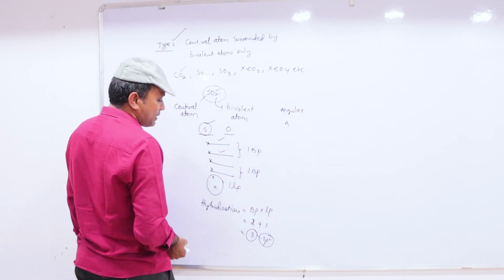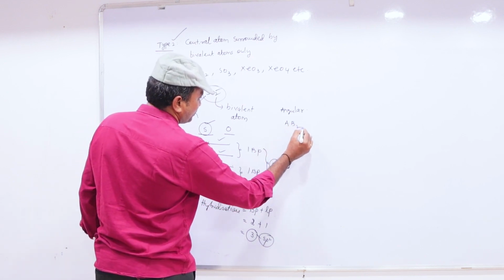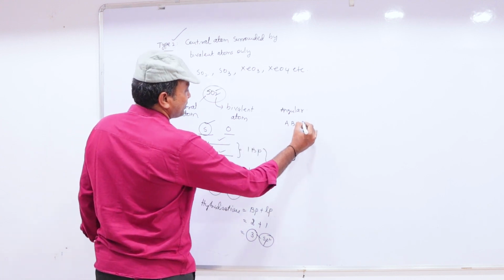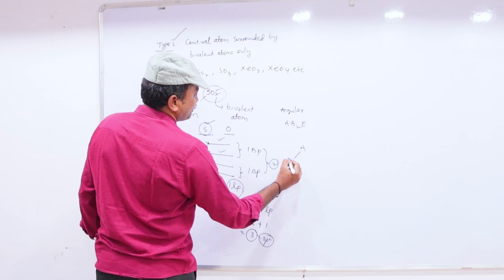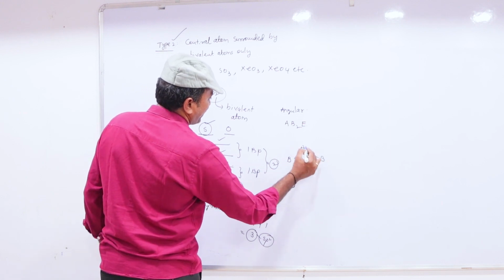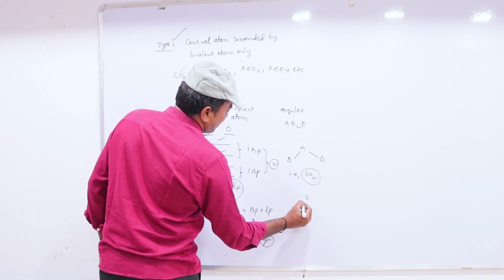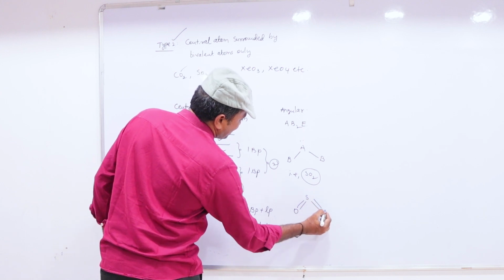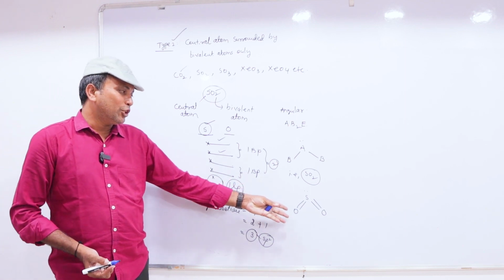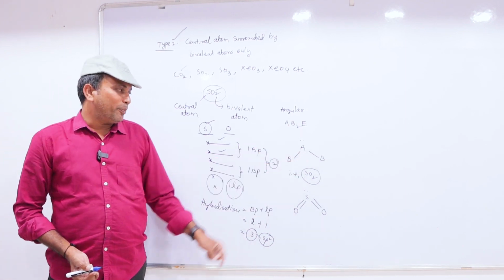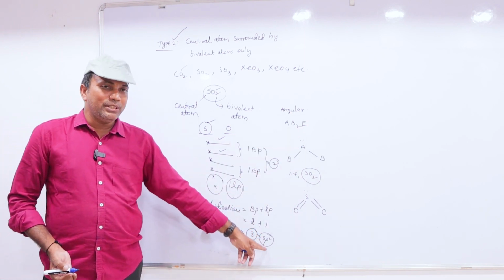Type of the compound: A is the central atom, 2 bond pairs AB2, 1 lone pair E. A is the central atom, B and B, with 1 lone pair. The example is SO2: sulfur with double bonds to the bivalent atoms has 1 lone pair.